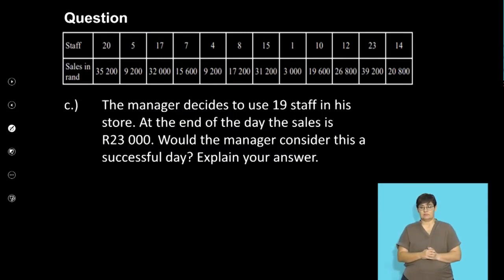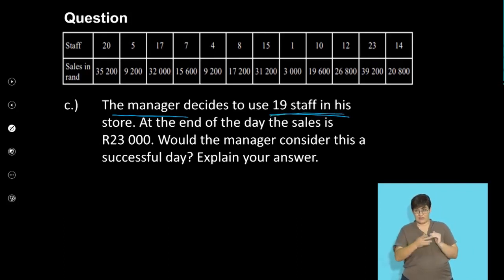Now, the manager. We still have the same data. The manager decided to use 19 staff members in his store. At the end of the day, the sales were 23,000.